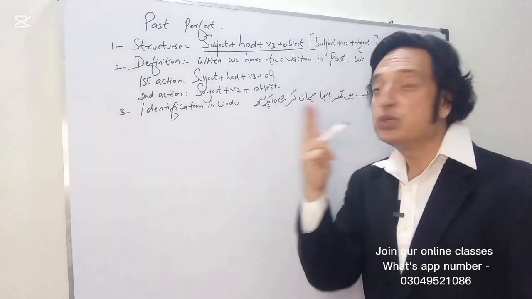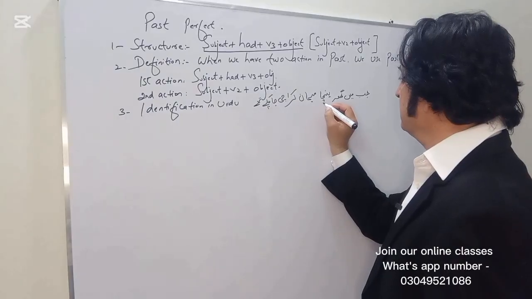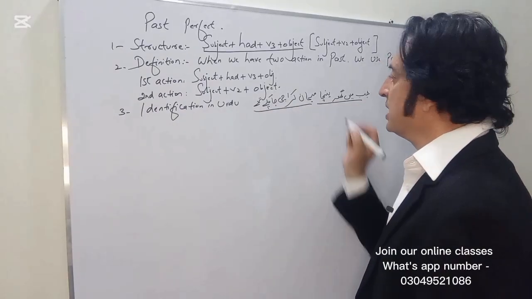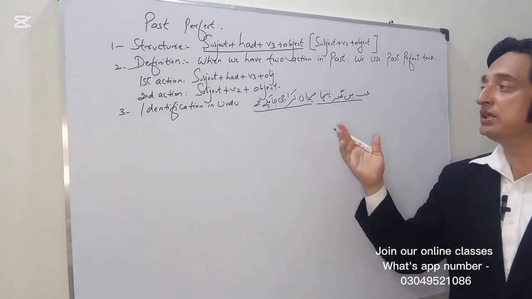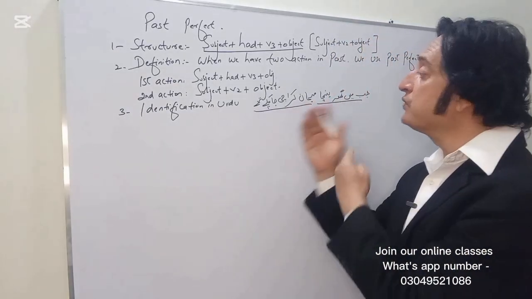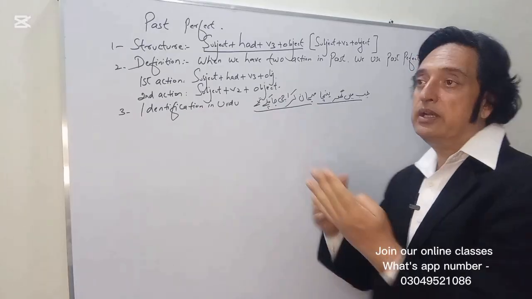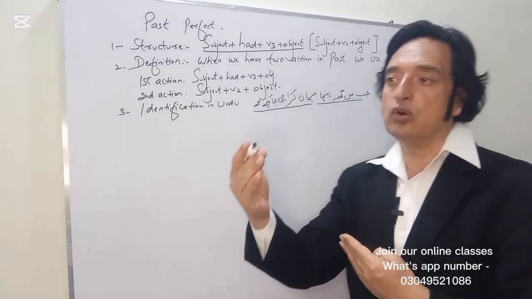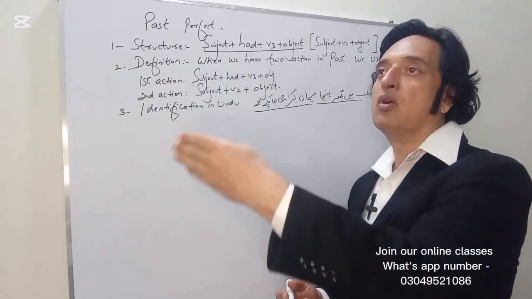So it has two actions. You see here, जब मैं घर पहुंचा is one, and मेहमान जा चुके थे is another. How do you identify which one is the first action? It states: when I reached home, the guest had gone to Karachi.